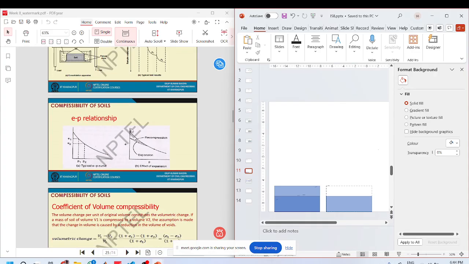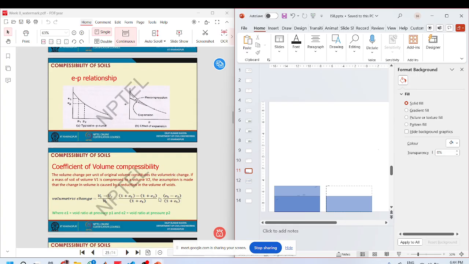So this is the slope. And as I said, for normally consolidated, it will be steep. Then this is reloading, unloading, and reloading.